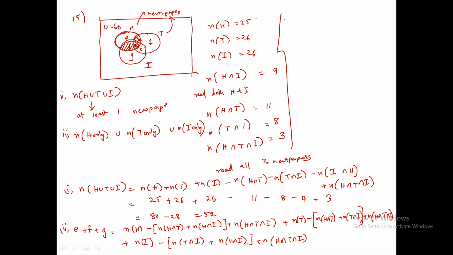So first I will have N of H, 25, minus N of H intersection T, which is 11, plus N of H intersection I, which is 9. To that you have to add N of H intersection T intersection I, that is 3. Then second, N of T. N of T is 26. From this you will subtract N of H intersection T, that is 11, plus N of T intersection I, that is 8.